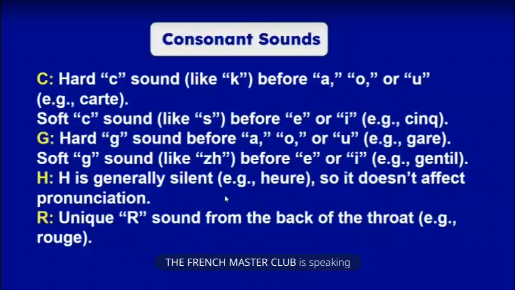We have the soft C sound too. The C can also be pronounced as S if it's before E or I. So if the word starts with C followed by I, it will become S. It will not be K. Remember the first example, where C is followed by A, O, or U, it becomes K. But when it's followed by E or I, it becomes S. Example is cinq, which is 5.